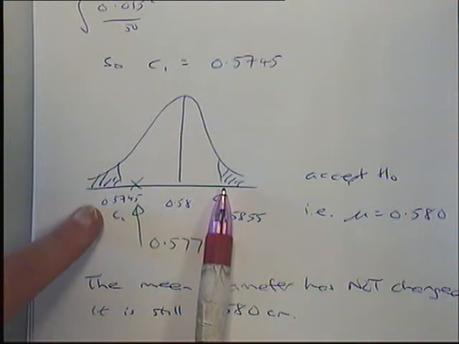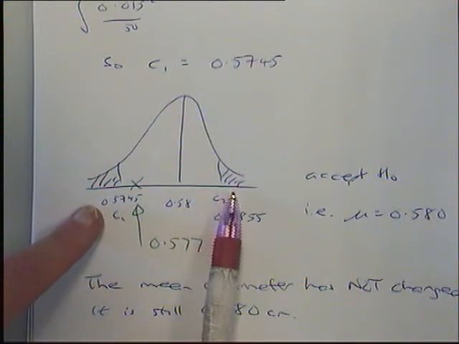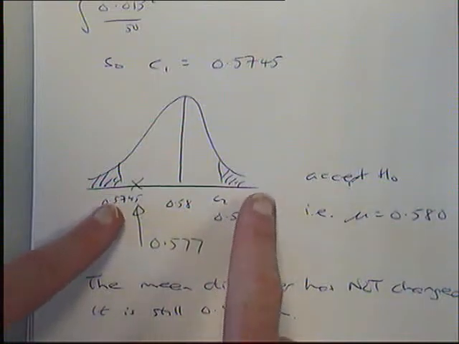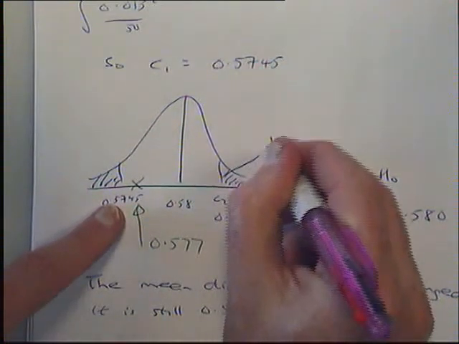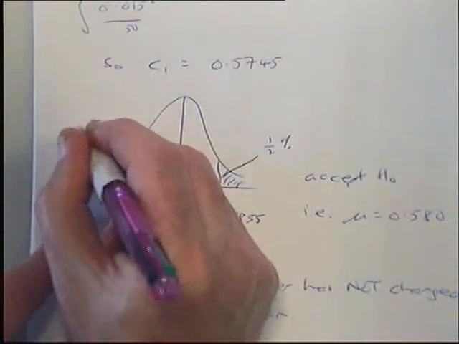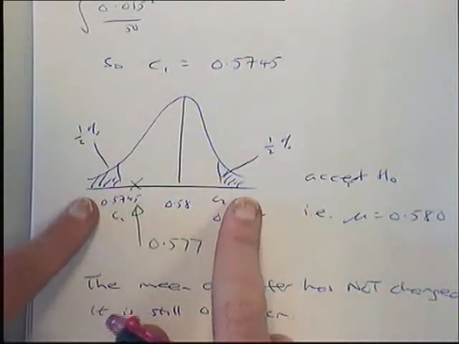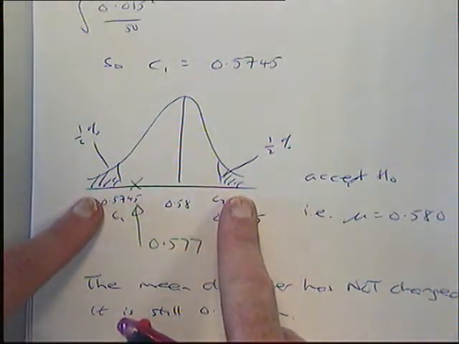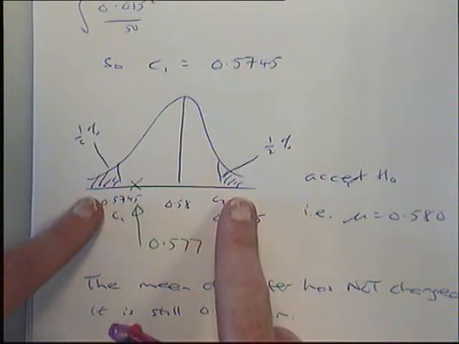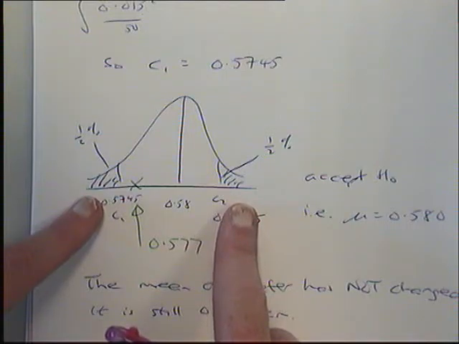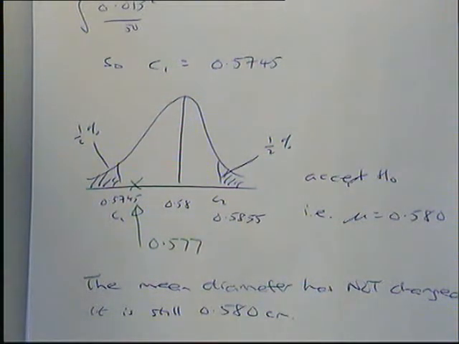That's what the 1% significance level is. Because we have set these two probabilities here to 0.5%, there's a 1% chance that we will be in the tail even if nothing has changed. So there's a 1% chance that this test will be wrong. That's what the significance level is.